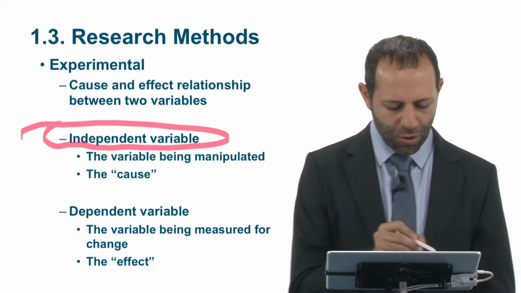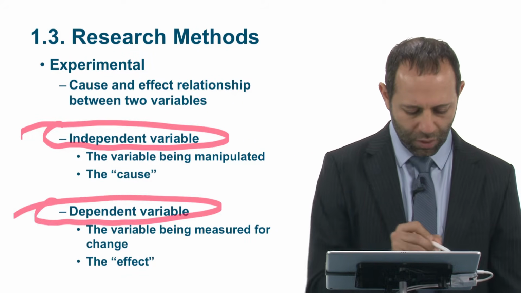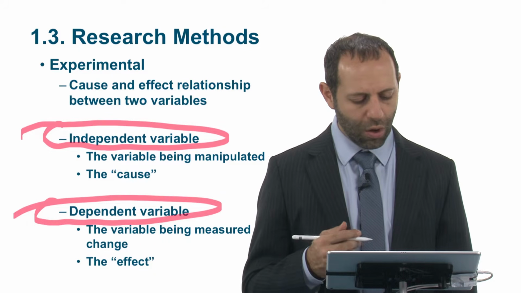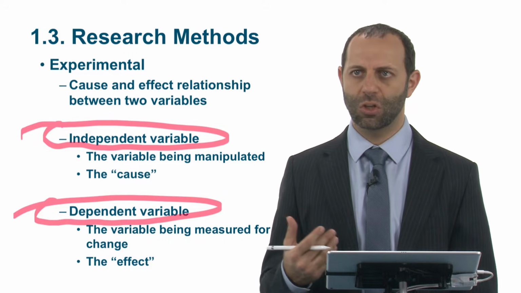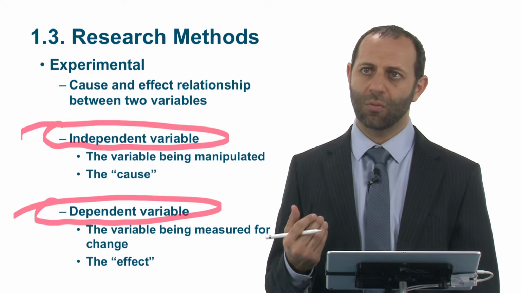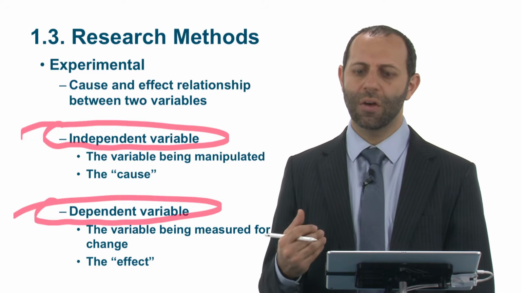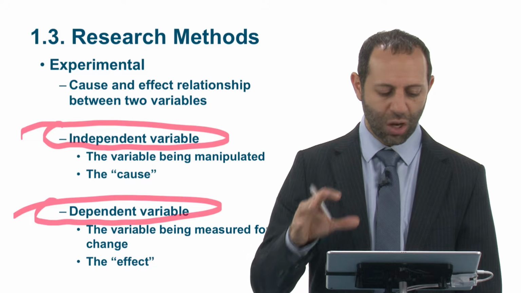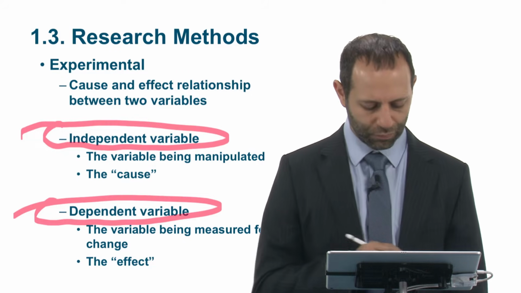The dependent variable is the variable that we are measuring for change. It's the effect. What is the result of the application of an independent variable?